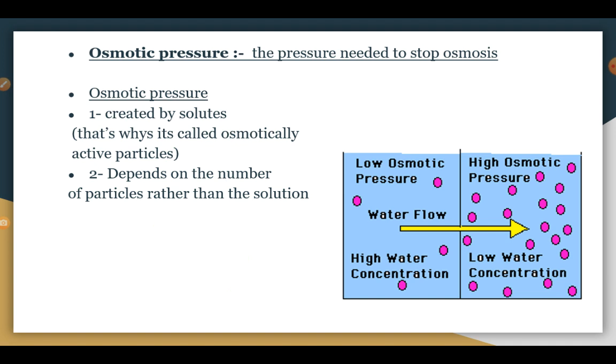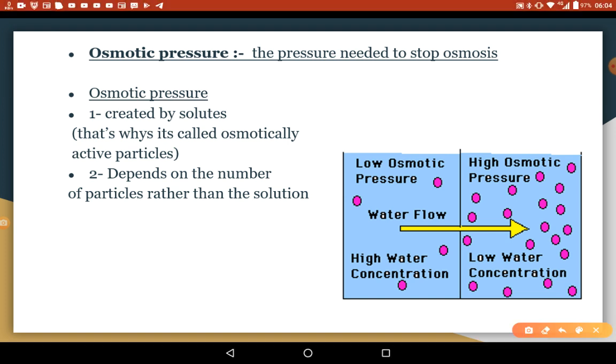The next topic we talk about is osmotic pressure. This osmotic pressure is needed to stop osmosis, and it's created by solutes. That's why we call them osmotically active particles, and it depends only on the particles of the solutes rather than the solution. When osmosis happens, water will flow until reaching the equilibrium.